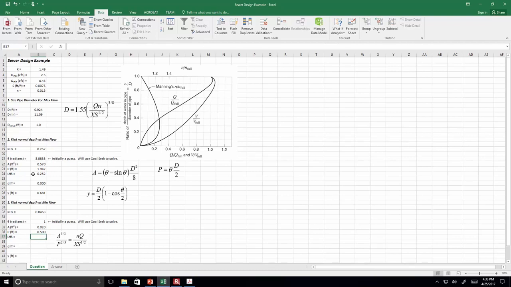So the left-hand side, copy the formula, paste it, the difference. So right-hand side minus the left-hand side. Okay, Goal Seek the difference to 0 by changing the angle.